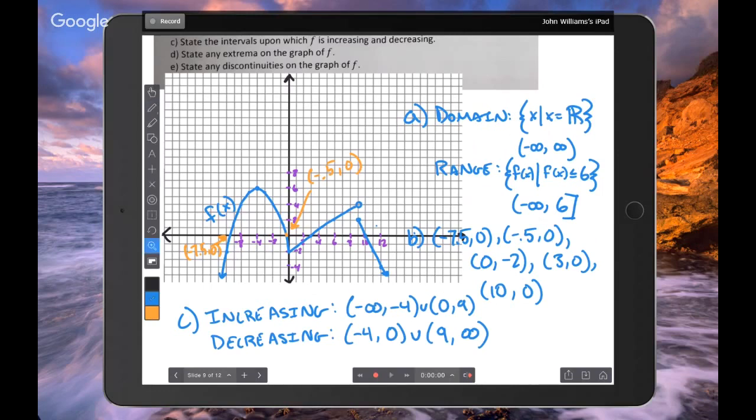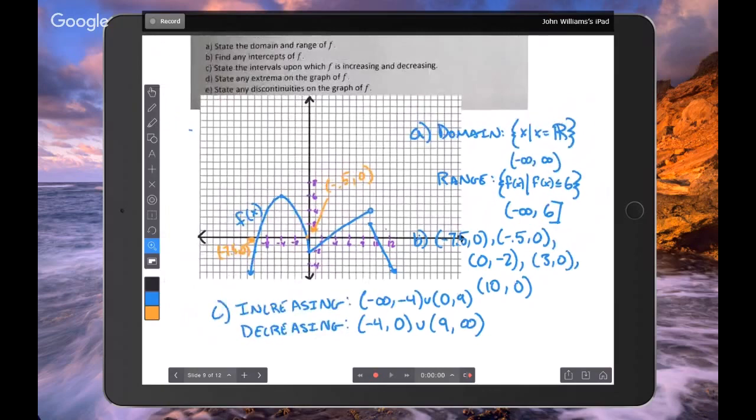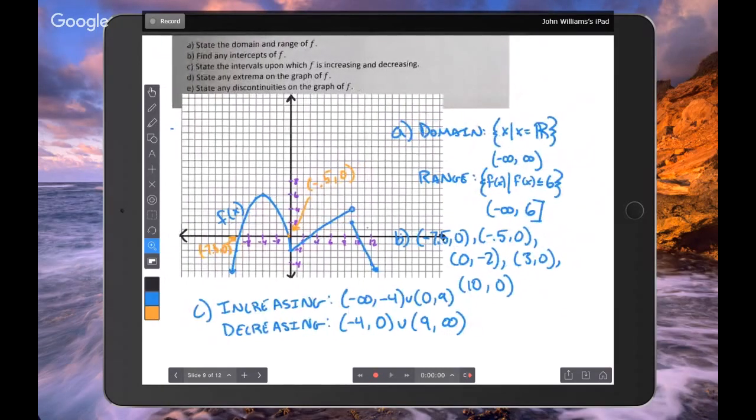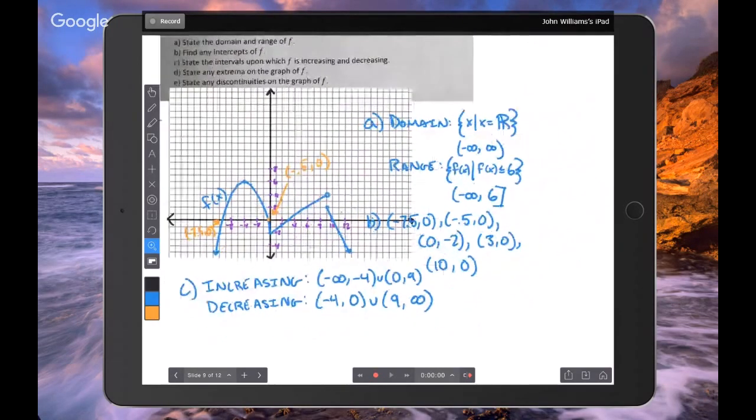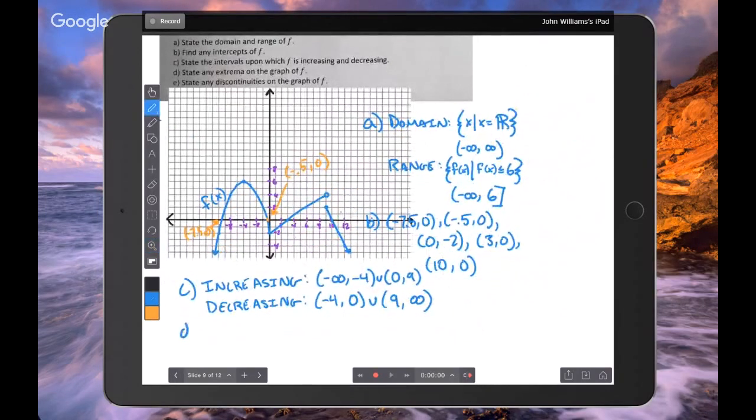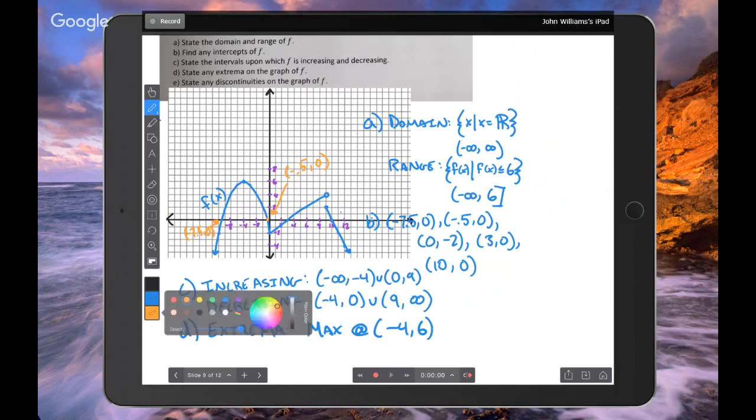Cool. Next up is extrema. Part D, extrema. We have a max point at negative 4, 6, right there.